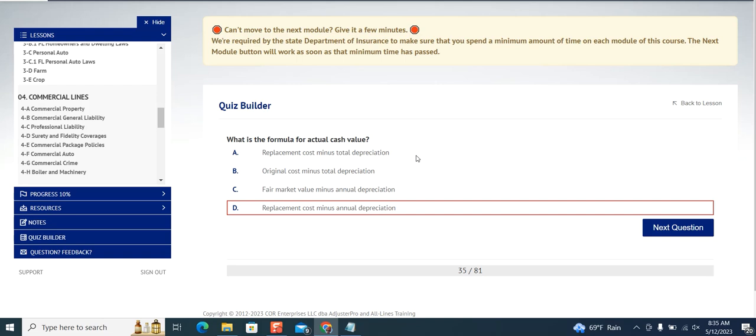No, it had to be A. Replacement cost minus total depreciation. So it's not annual depreciation? It's total depreciation. Okay, well, the answer was A again. I knew it was either A or D. I just thought it was annual depreciation, but now I know it's total. So when I take the real test, I need to remember it's total depreciation.